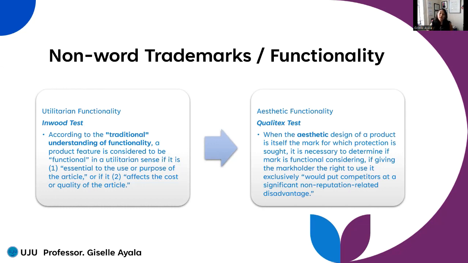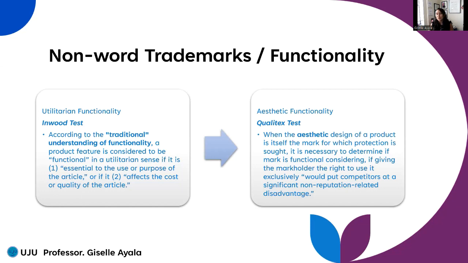Or if the product design is related to cost or quality of a product, since we also want to protect consumers and we need certain features to protect healthy competition in the market, so products have certain standards of quality, then that specific feature is not protectable under trademark law.